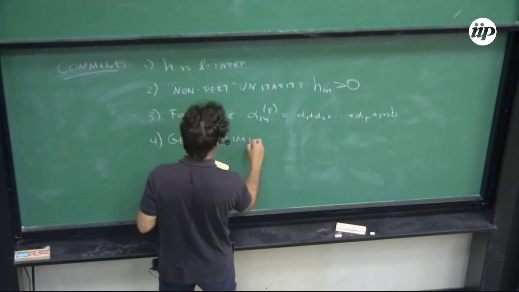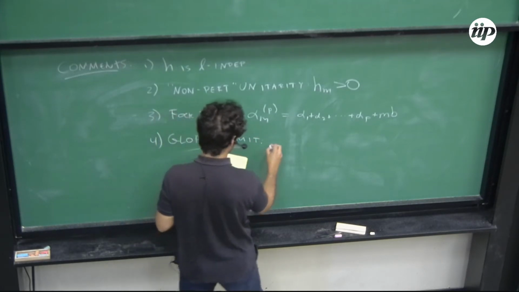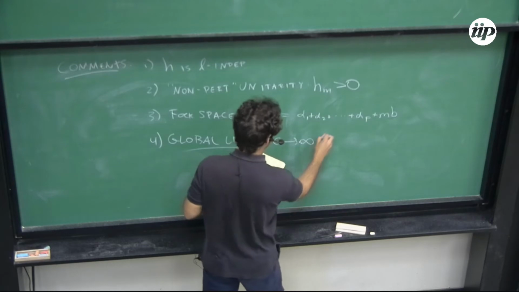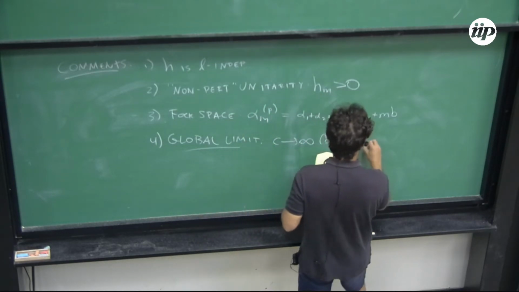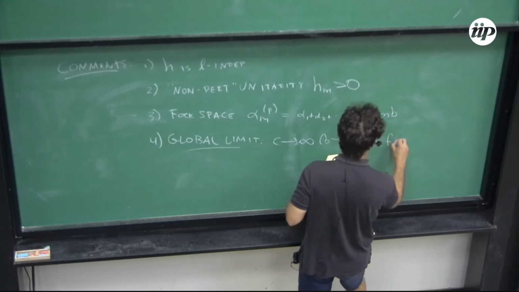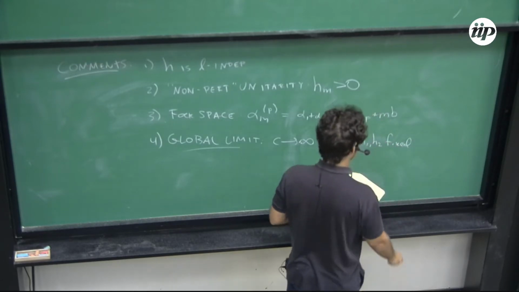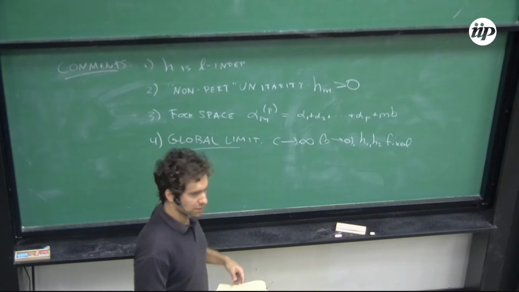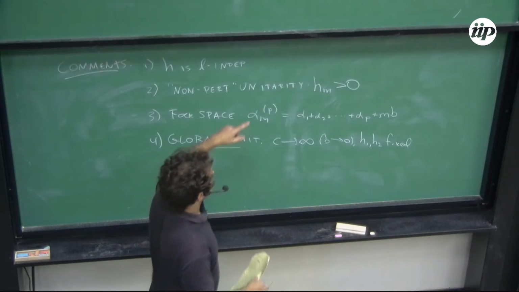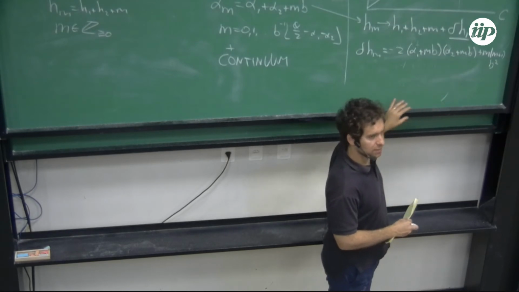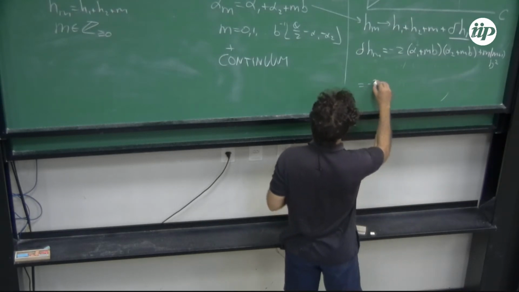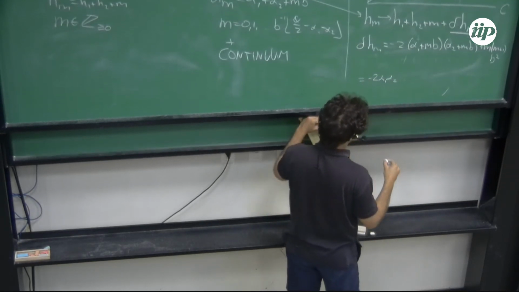Maybe the fourth comment I'll make is that you might like to make contact with things that look a little more familiar. If you consider the global limit, which is the limit of large central charge, which is b to 0, and h1 and h2 fixed, then you recover results from, say, single stress tensor exchange. If you look at this result, let's just take m to be 0 for simplicity. Then we had minus 2 alpha 1 alpha 2.